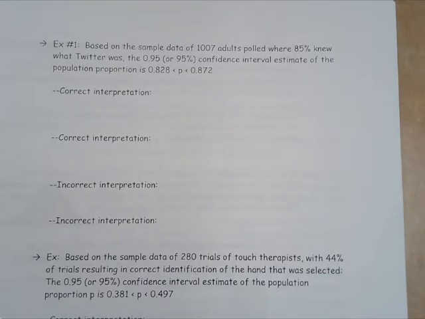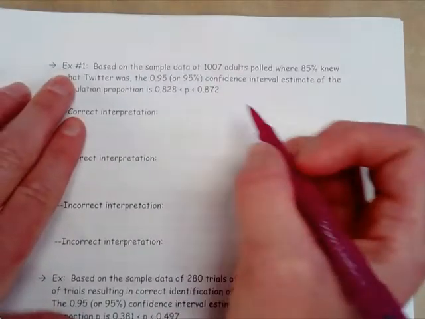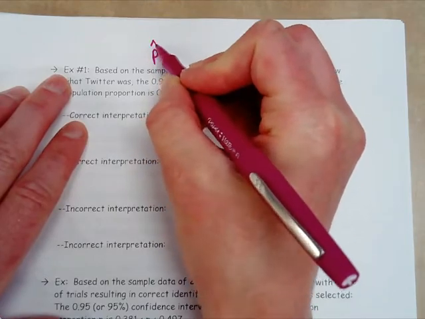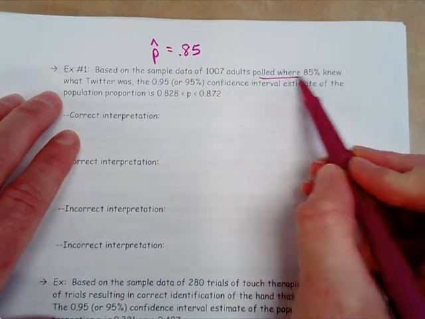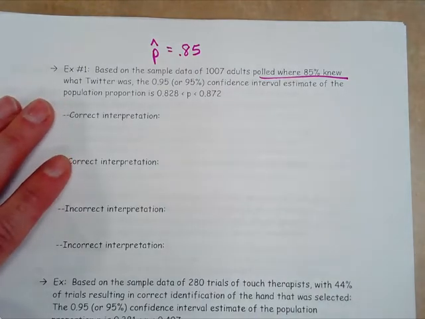Example 1. Based on the sample data of 1,007 adults who were polled, 85% knew what Twitter was. We're going to use the confidence interval of 95% to estimate that the population proportion is 0.825 to 0.8725. So what this means is our p hat is the 0.85. That came from the proportion.